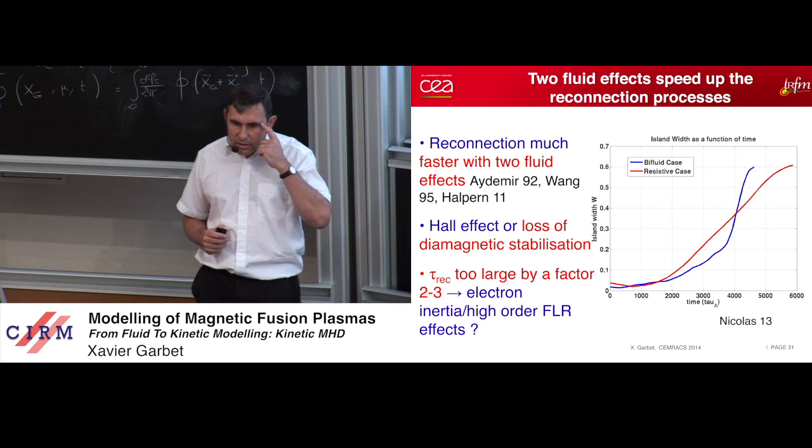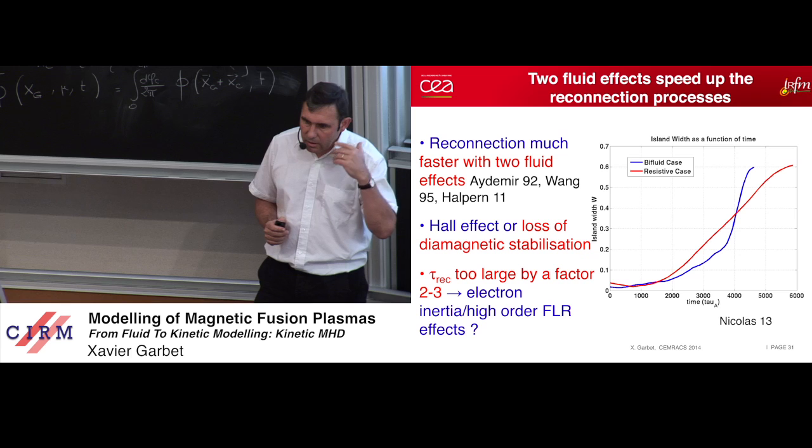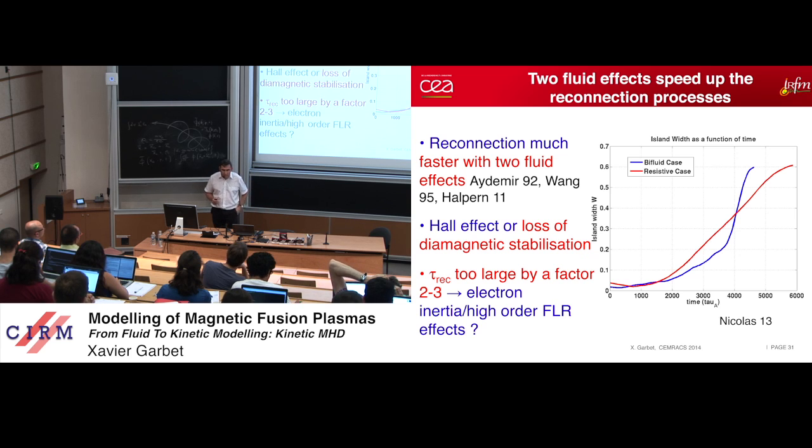And there, the reason is at least two missing ingredients. One is all these FLR effects I was mentioning before, the finite Larmor radius effects, which are not all implemented in this simulation. And also another ingredient which is actually important, which is the skin depth effect, or the electron inertia, which is the dj/dt term that appears in the generalized Ohm's law.